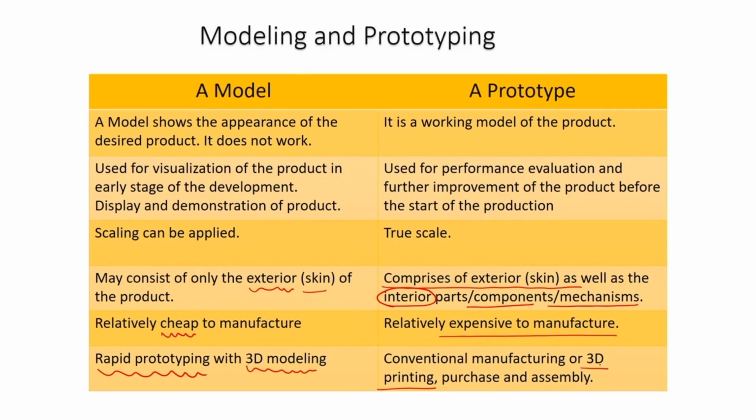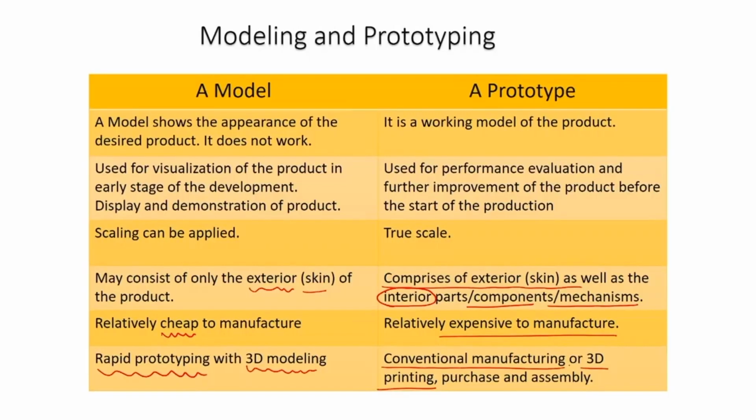If it is not possible by using the 3D printing, then we have to go for the conventional manufacturing. So if you don't have the metallic 3D printer, but the certain components are to be manufactured by using the steel or the metals, in this scenario, these components which are made up of the steel, we have to go for the conventional manufacturing. We have to go for casting, we have to go for the machining of that casting.